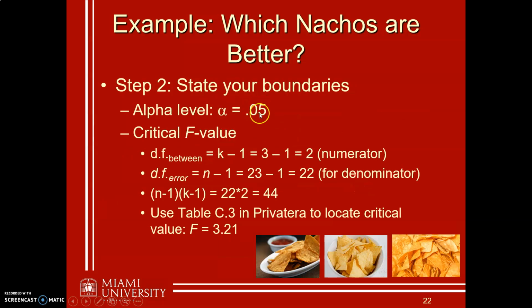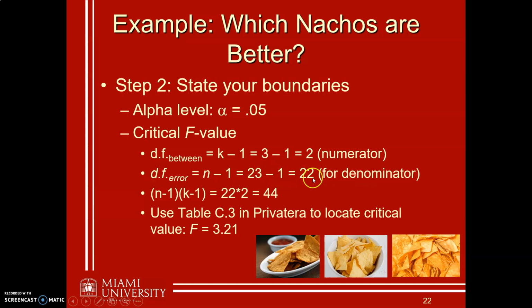In our second step, we would state our boundaries. If we were using an alpha level of 0.05, we would go to our table in the back of the book. If we've got 3 kinds of chips, that's k equals 3 groups. We take 3 minus 1 to get 2 degrees of freedom for our numerator. And our error is going to be the number of data points that we have minus 1.